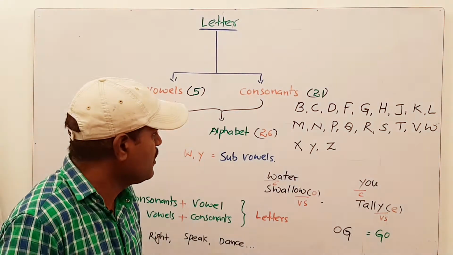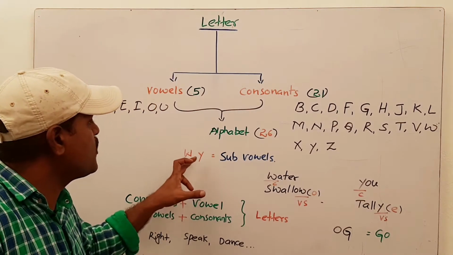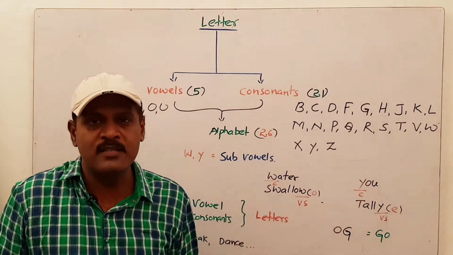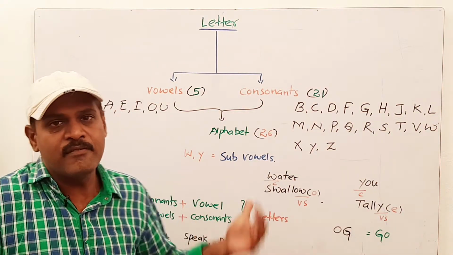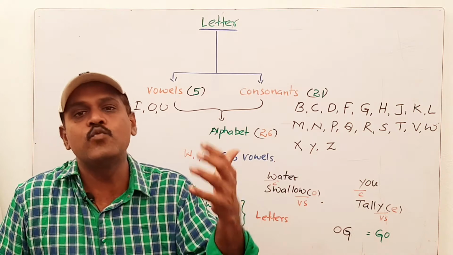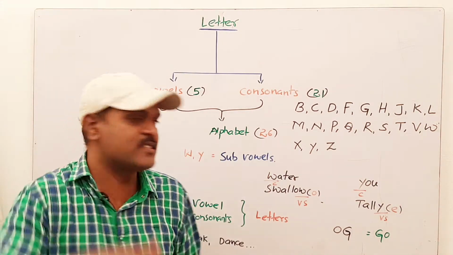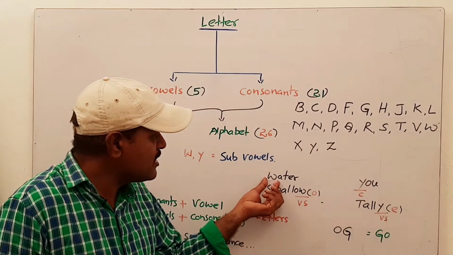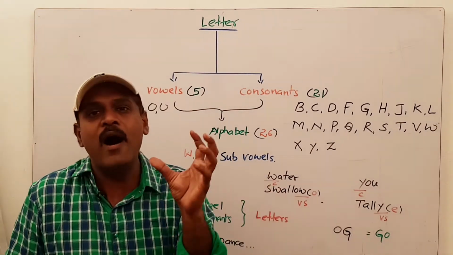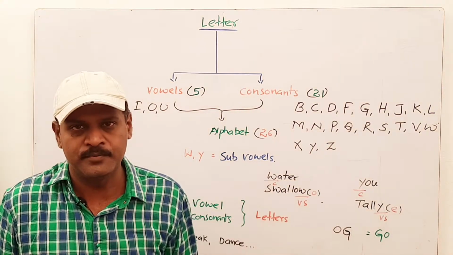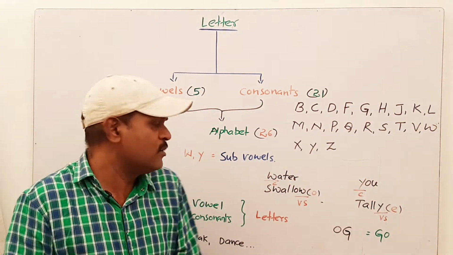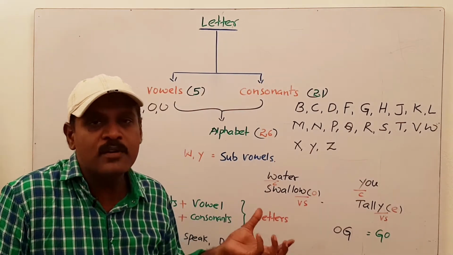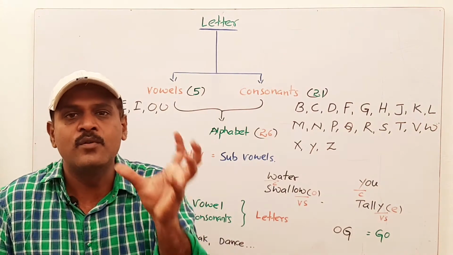The next thing is W and Y are also called semivowels. Why? Because on some occasions, Y and W give vowel sounds. For example, water. In this word, W gives a wa sound, that means a consonant sound. The same W in the word swallow gives an O sound.